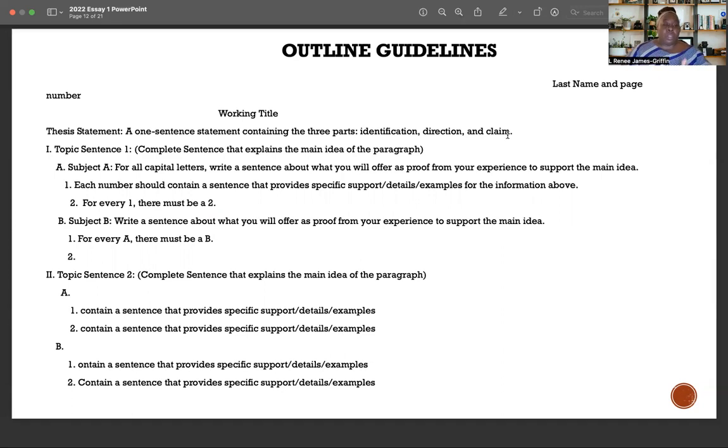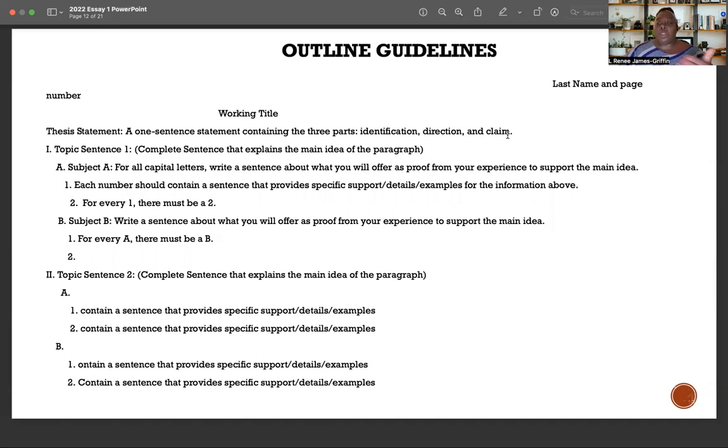So Roman numeral 1, you're going to have a topic sentence. It's a complete sentence that explains the main ideal for that paragraph. All right, then the letters A and B will cover what details that you're going to refer to, right? So for instance, it says subject A for all capital letters. You're going to write a sentence about what you will offer as proof from your experience to support that main ideal, okay?